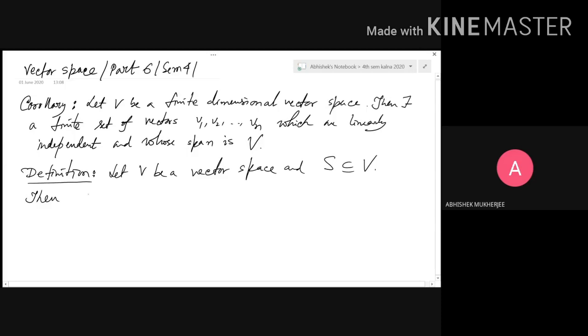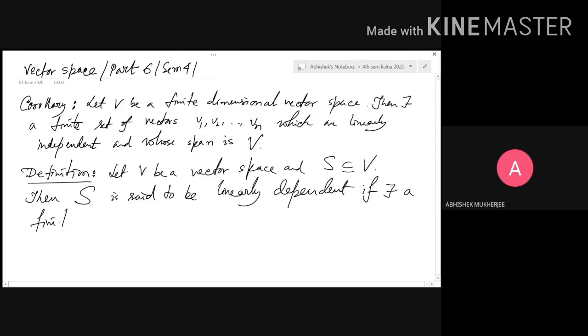Then the subset S is said to be linearly dependent if there exists a finite number of distinct vectors, suppose v1, v2, ..., vn, in the set S, and you will also have finitely many scalars.